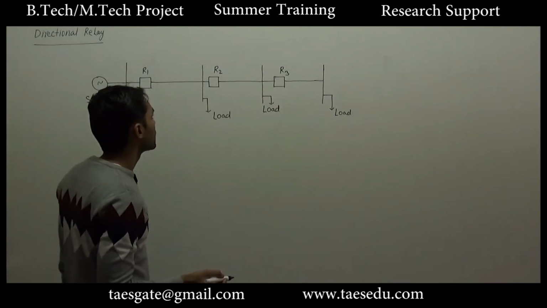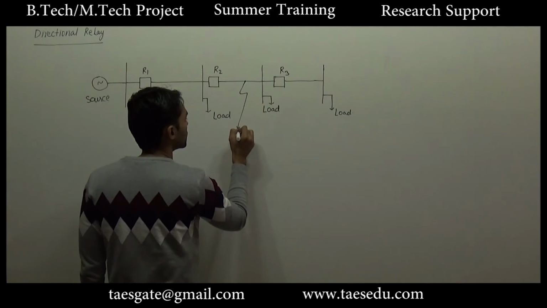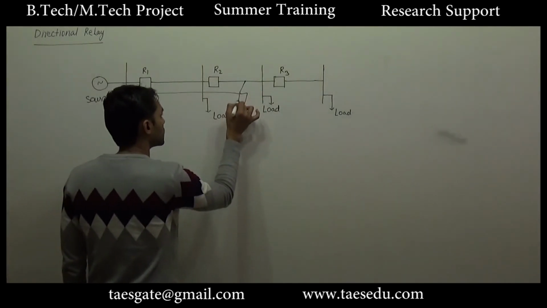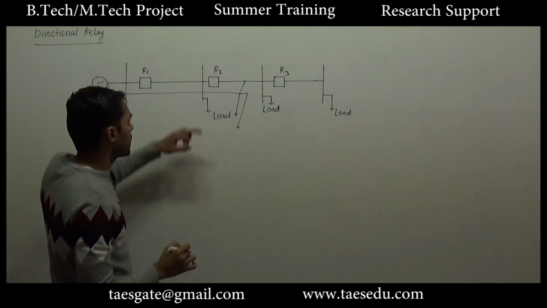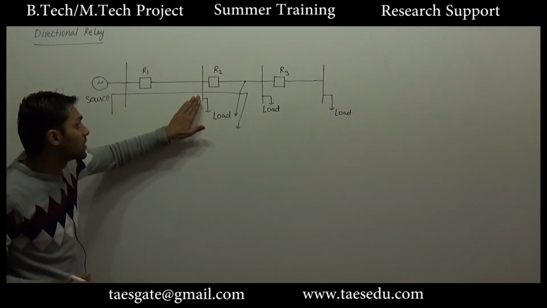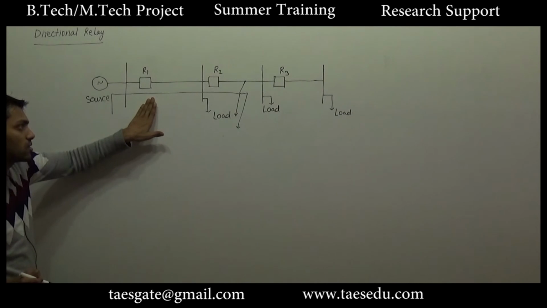So in case of overcurrent relay, we have studied that let's say if there is a fault at this point, for this fault the fault current will flow like this, and R2 will provide the primary protection, and if R2 fails to provide the protection, in that case R1 will provide the remote backup protection.